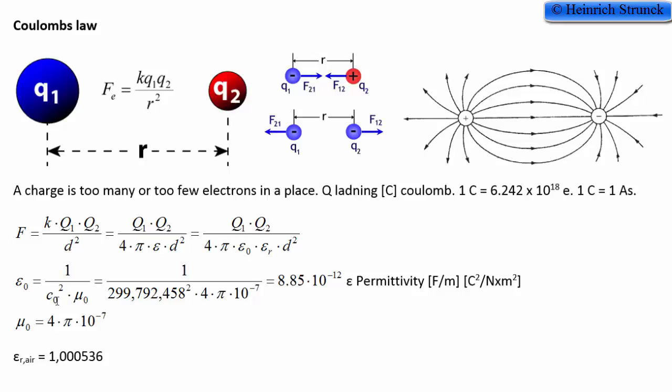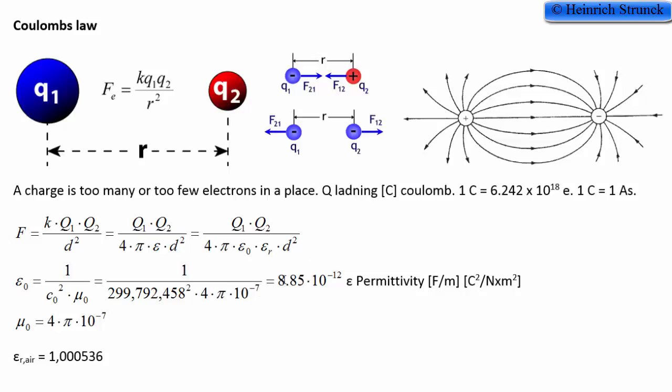Lowercase c0 is the speed of light in vacuum, and it is 299,792,458 meters per second. We have to square this number and multiply by 4 times pi times 10 to the power of negative 7.